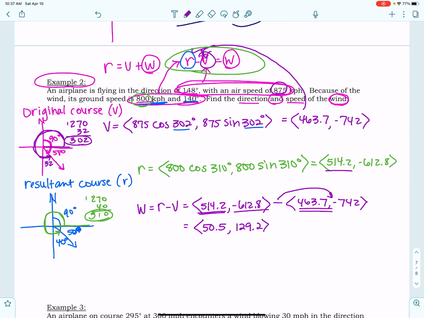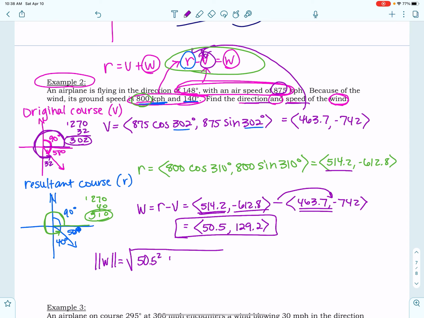Now we're going to use this to get our speed and direction. The speed is easy. The speed of W is just the square root of the horizontal component squared plus the vertical component squared, and that is going to give me 138.7 kilometers per hour.